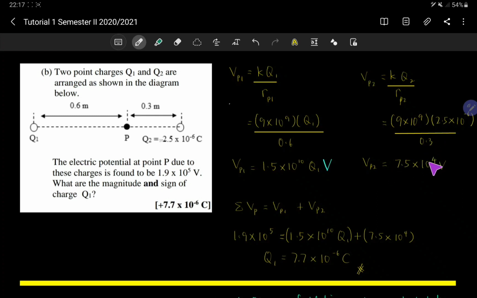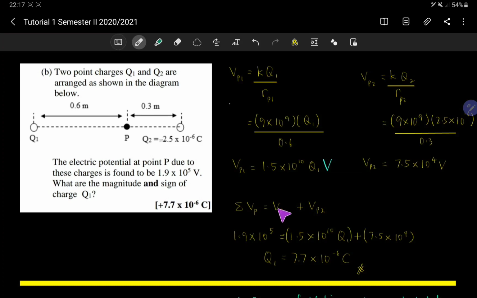Then by getting V on P by 1 and also V on P by 2, we just calculate the total. V on P equals V on P by 1 plus V on P by 2. The total V on P is given already, which is 1.9 exponent 5. Substitute here.